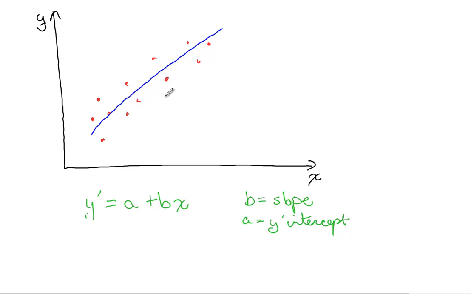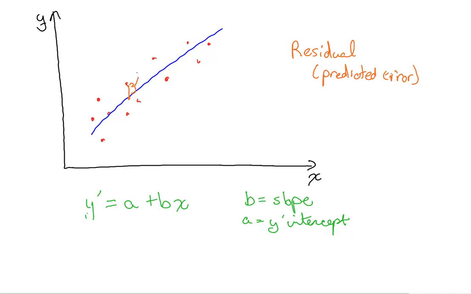One thing that we also look at is something called the residual, or also known as the predicted error. What this is, is the difference between this point and the point on the line.